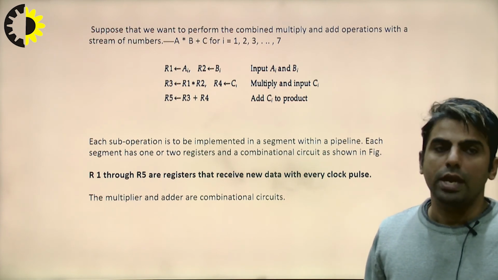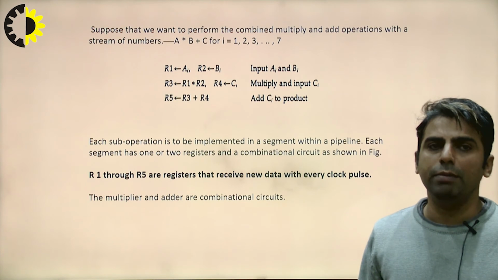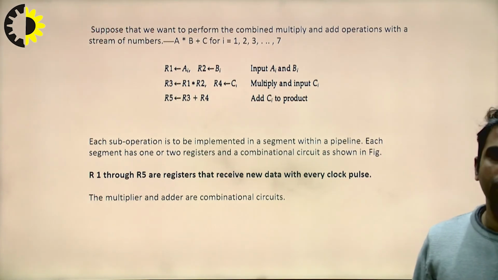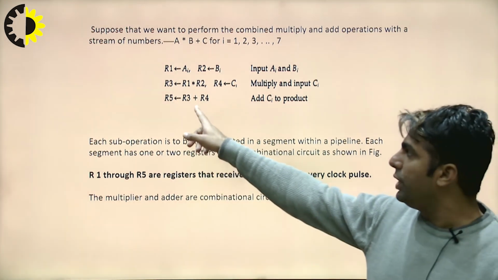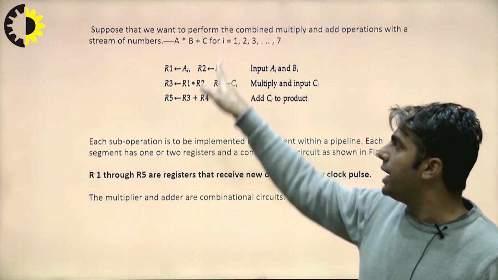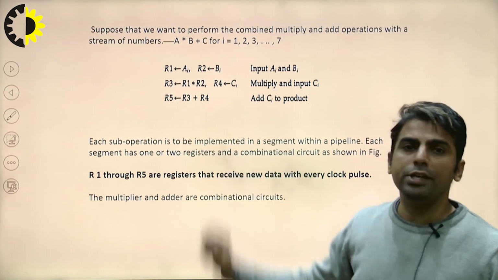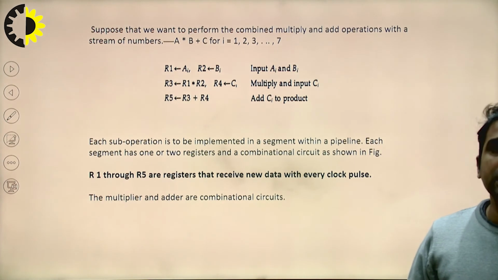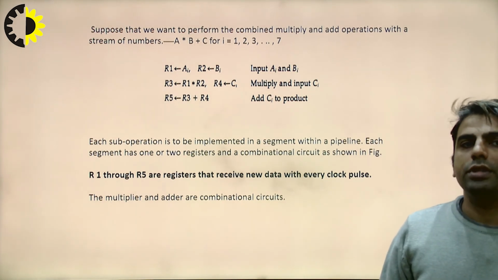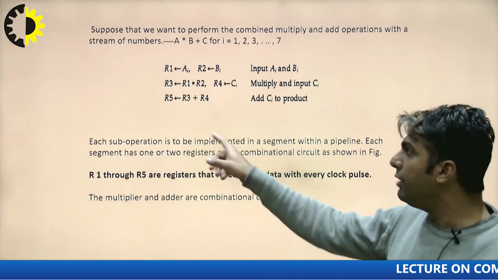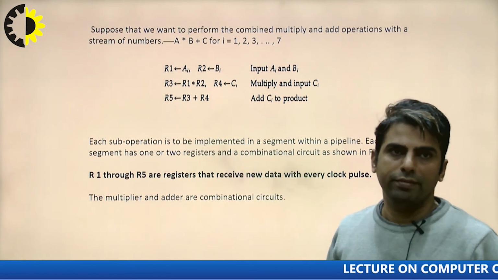At the same time, we have received the input value CI in R4, and in the next clock pulse we get this result, AI into BI plus CI, and that is being stored in R5. That means we are adding the CI with the AI into BI. So finally we get the result in R5, right?